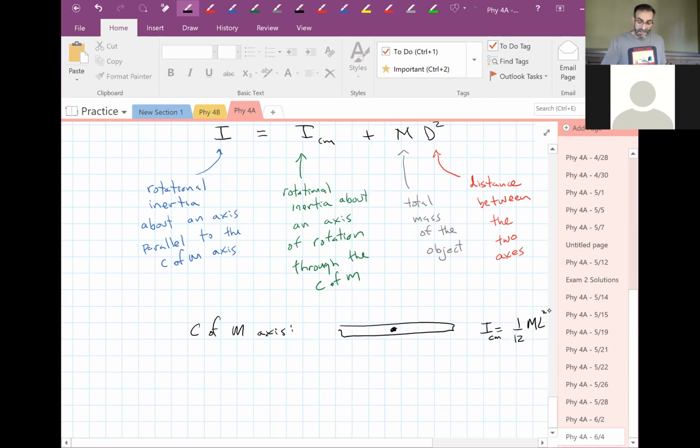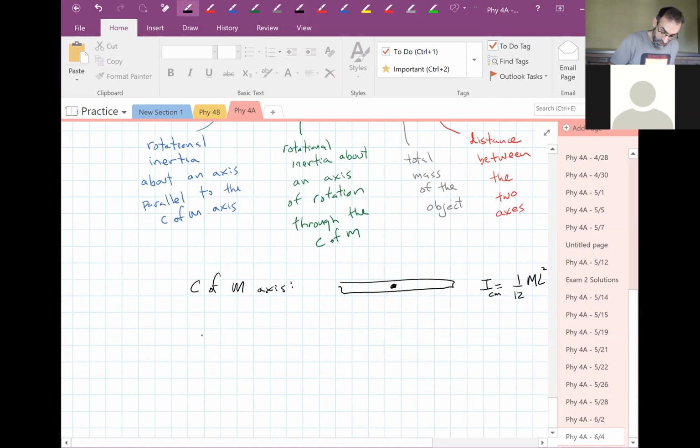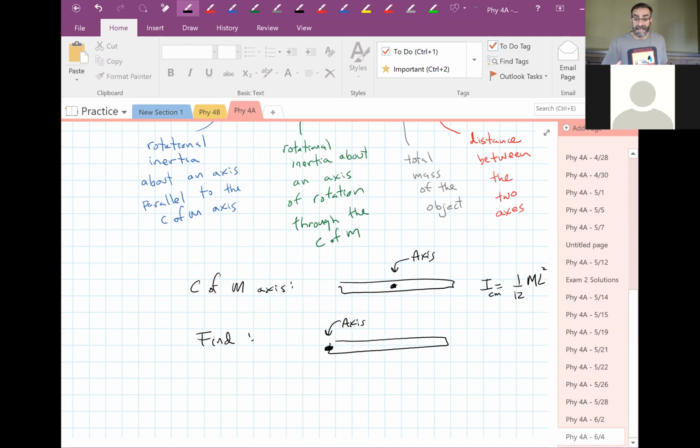We've calculated it. We looked it up in the table on the formula sheet. Both times we got 1/12 ml squared. So given this, if we were asked to find this one, which we've already found, we know what it is. We already calculated it. But let's use the parallel axis theorem and see if we get the same answer.